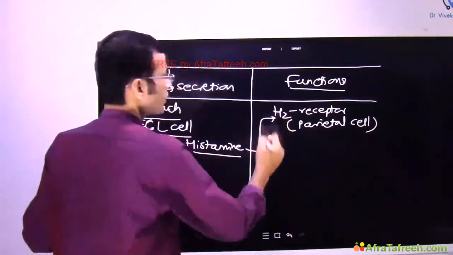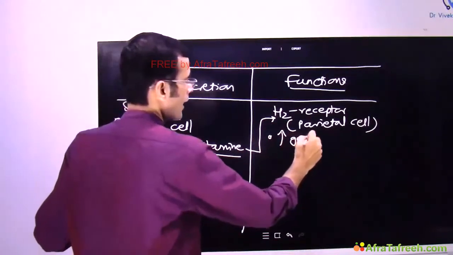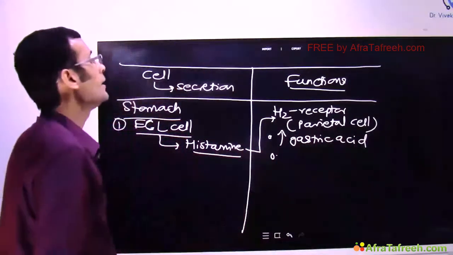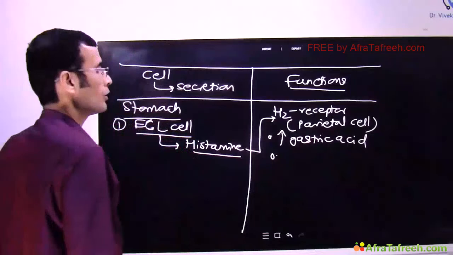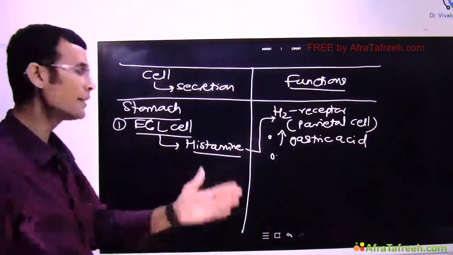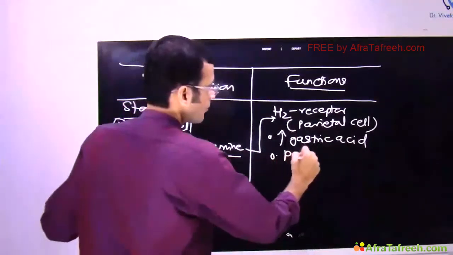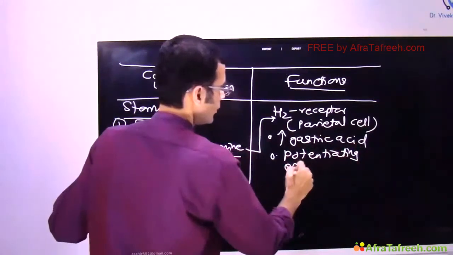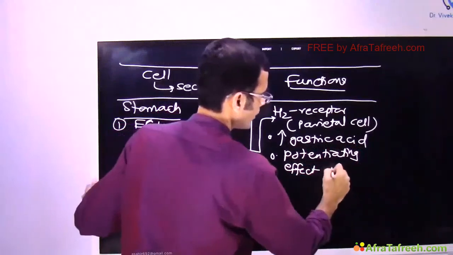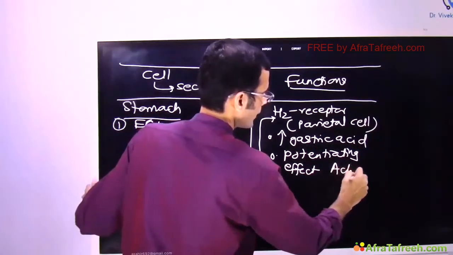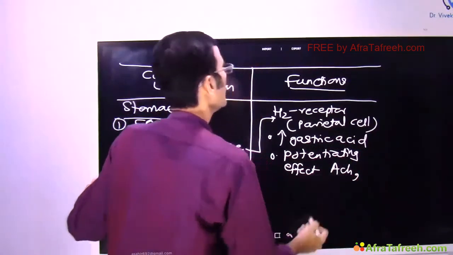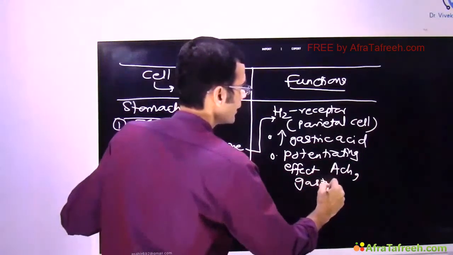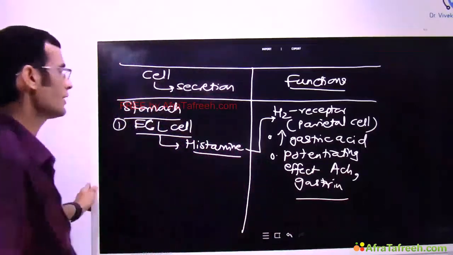And what will it achieve? It will increase the gastric acid secretion, and it plays a pivotal role in the gastric acid secretion by other stimuli. So let's just say potentiating effect on the other two stimuli, that is vagus and acetylcholine, and the third is gastrin. You see, there are three important stimuli for the gastric acid secretion.